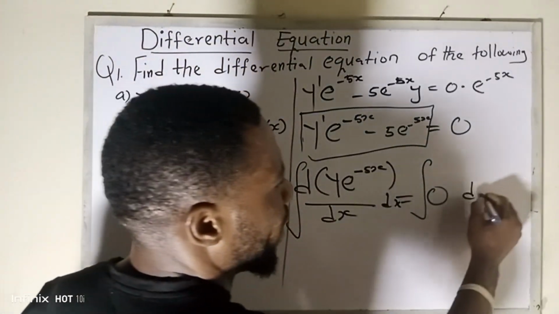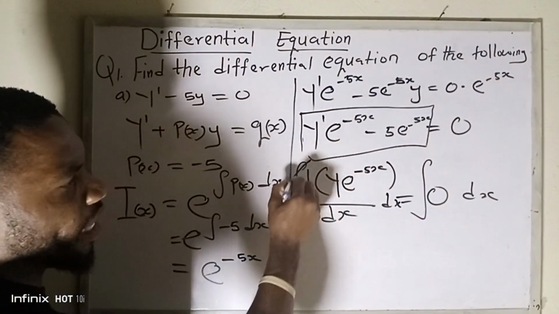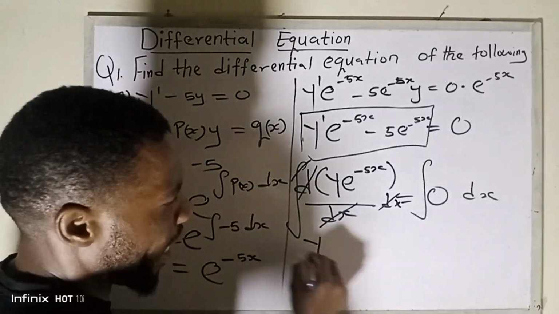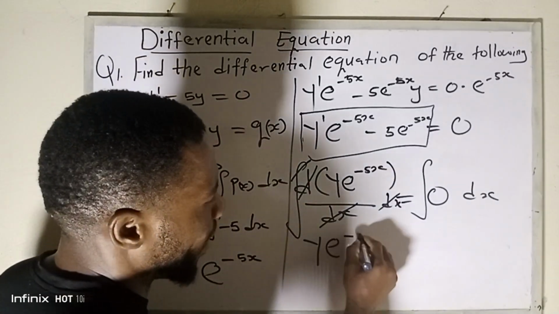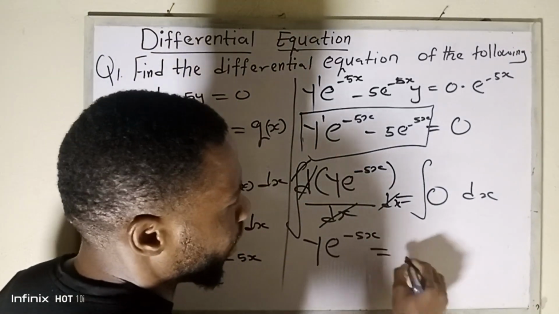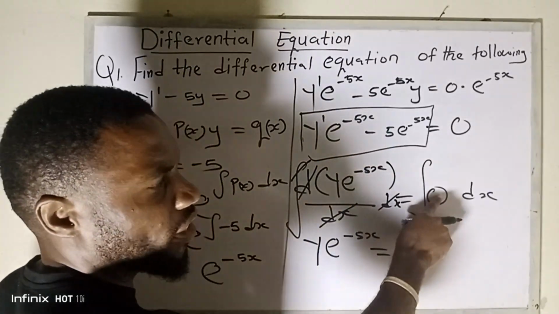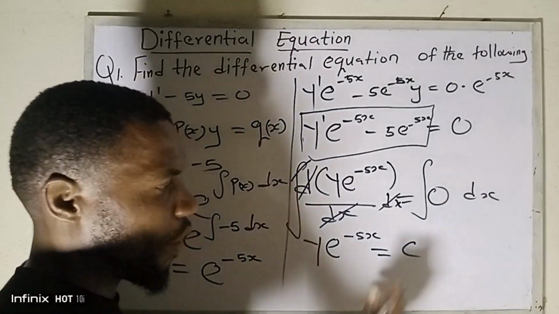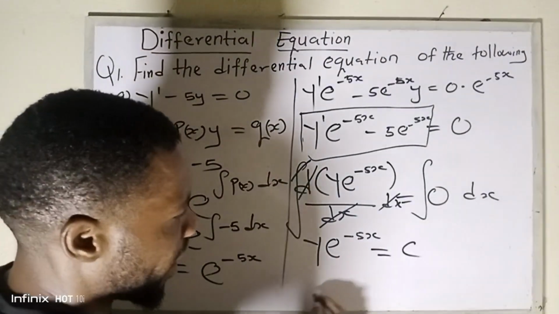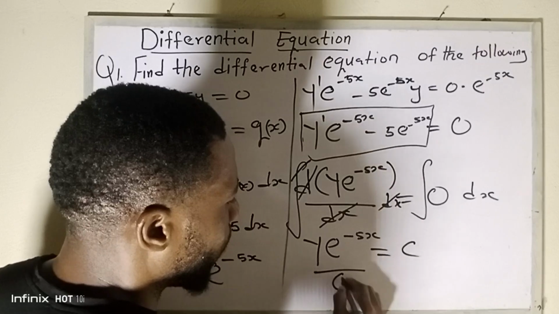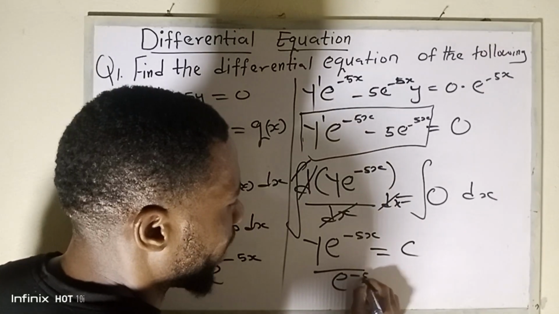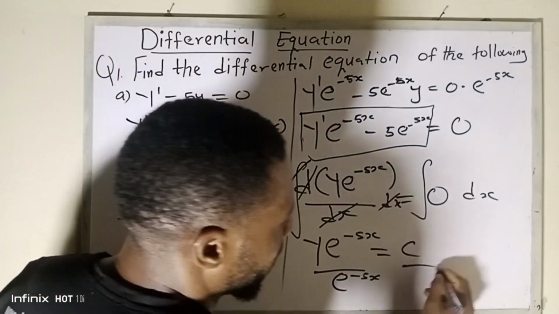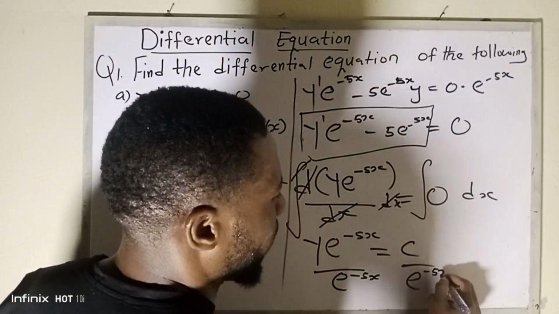When we integrate both sides, integration cancels differentiation, so we cancel the dx. We are going to have y exponential minus 5x, which is equal to, and when we integrate 0, we get our constant c. At this point, we divide both sides by exponential minus 5x.